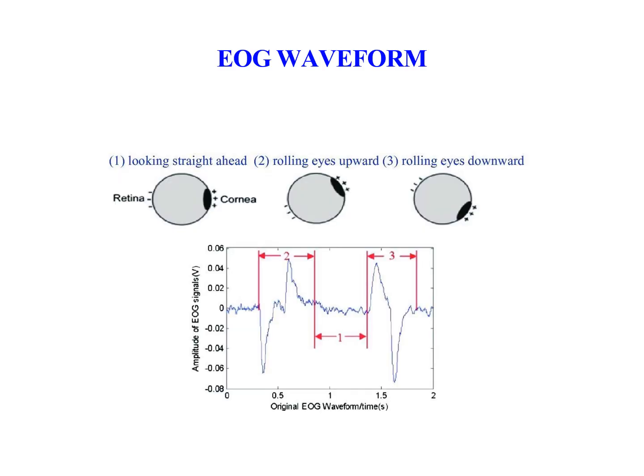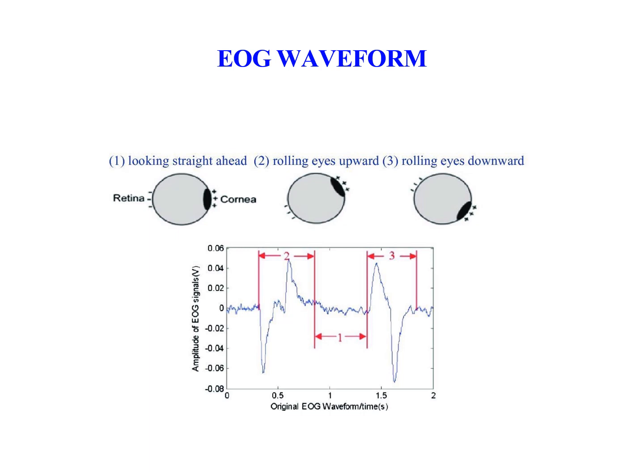Next is the EOG waveform. First is looking straight ahead. The second is rolling the eyes upward and the third diagram is rolling the eyes downward. These three diagrams are used to measure the waveform of the electrooculogram.